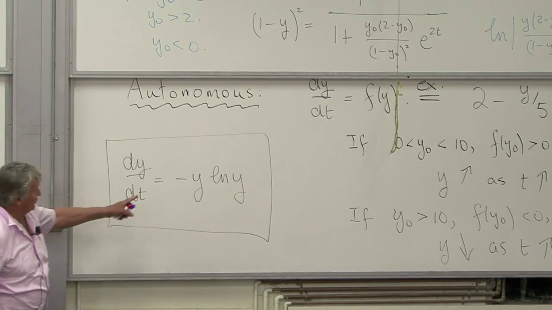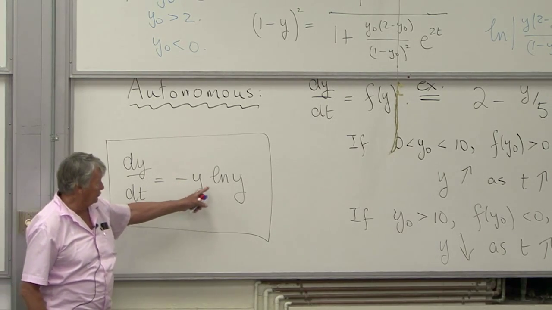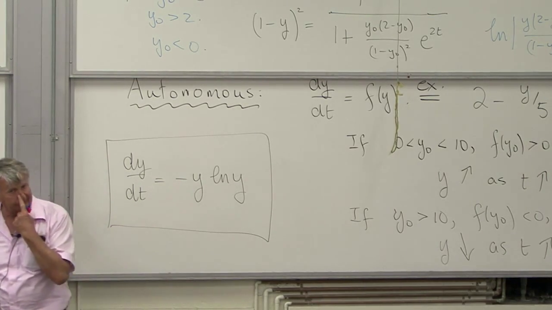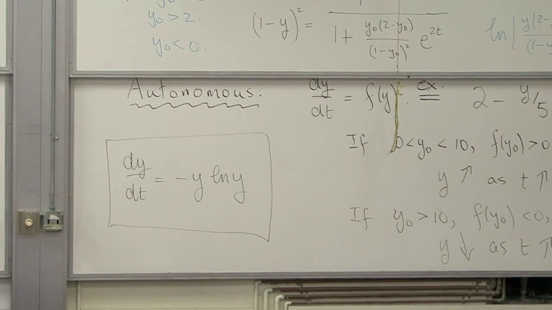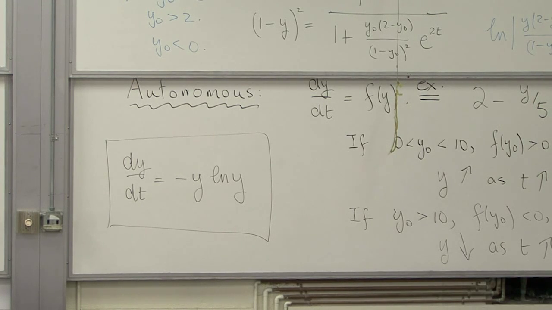Now, I want you, not now, but when you go home, to draw yourselves a graph of that. Draw yourself the graph of log y, and then y log y, and then minus y log y. Okay?